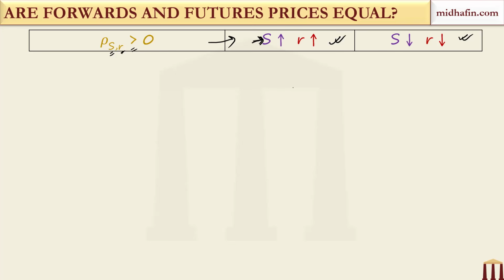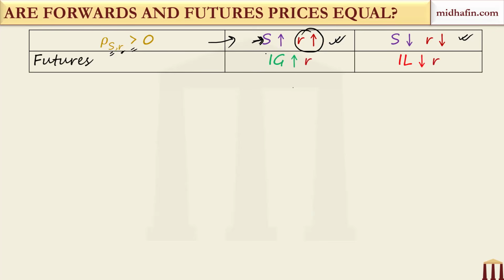So because of this daily settlement, the gains are available immediately to futures. And since the interest rate has also increased, can I say that these increased gains can be invested at a higher interest rate? Yes or no?